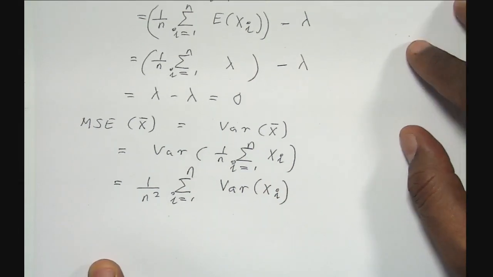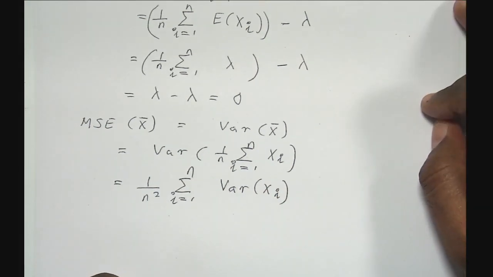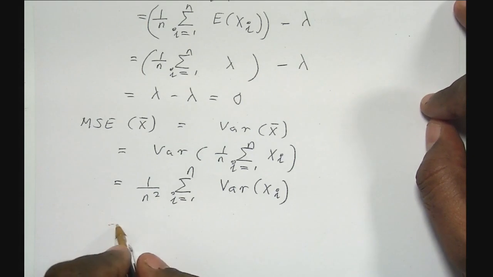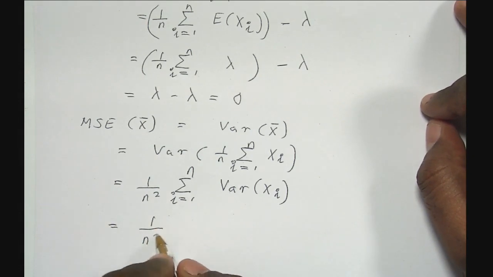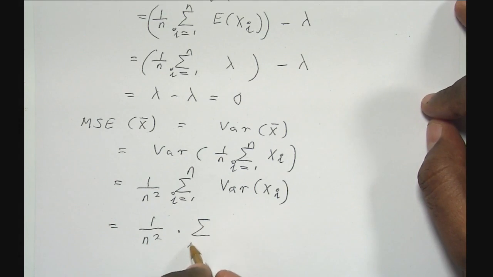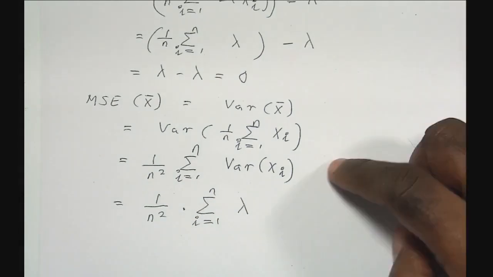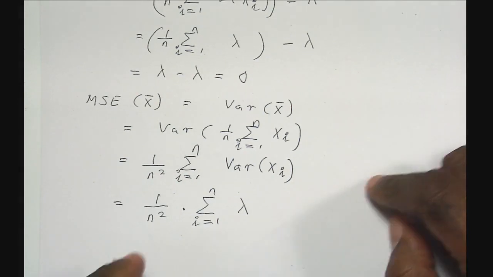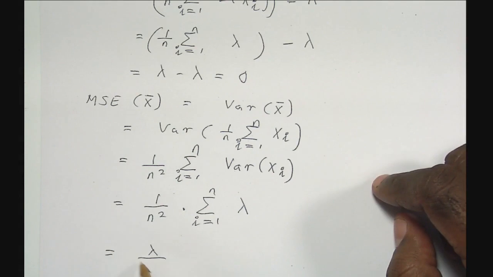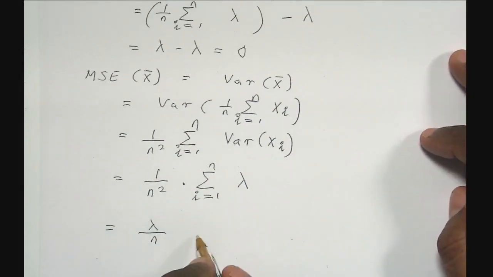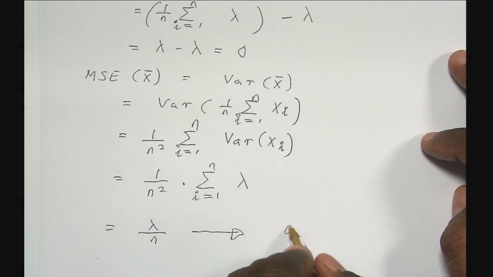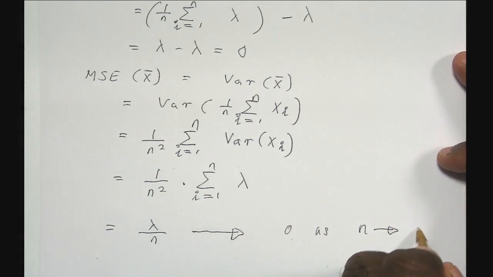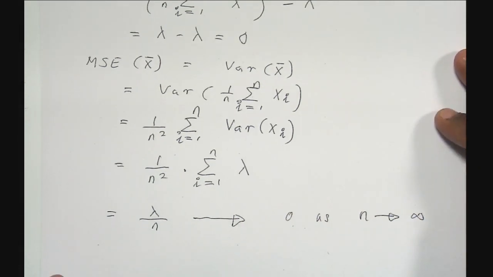I'm sure you remember that the variance of a Poisson variable is also equal to lambda. So what you have is 1 over n squared times n lambda, which is lambda over n, and this approaches 0 as n approaches infinity. Hence, x bar is consistent.